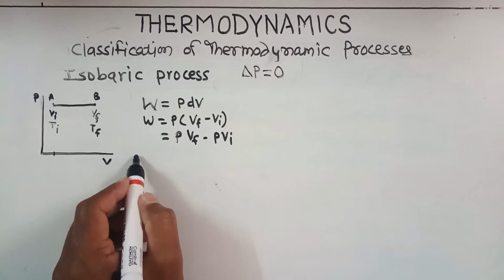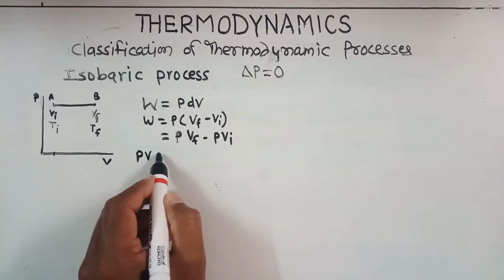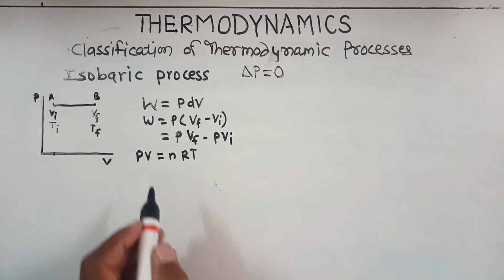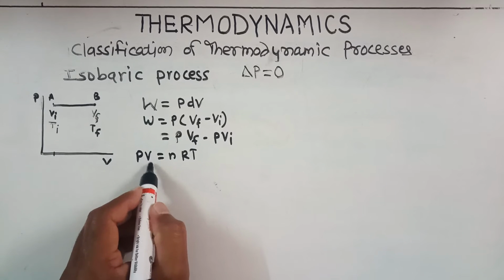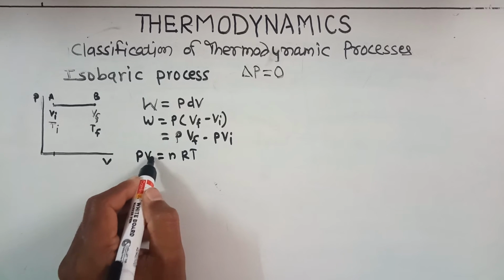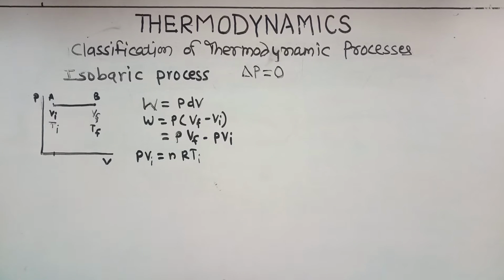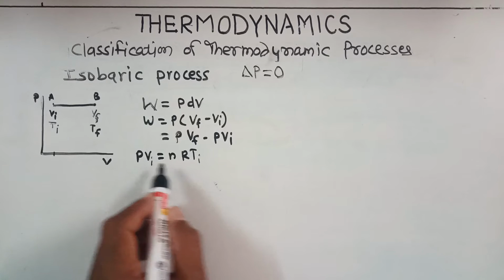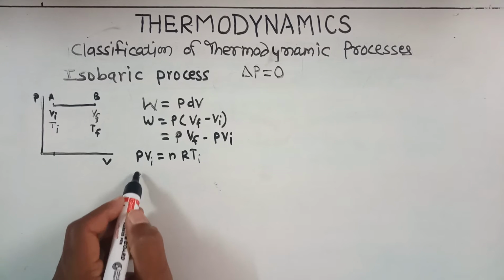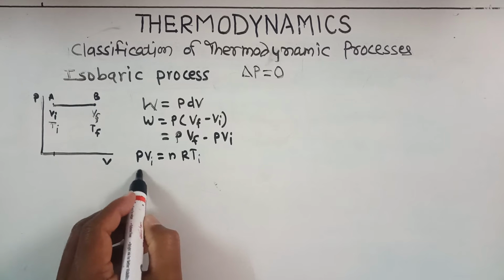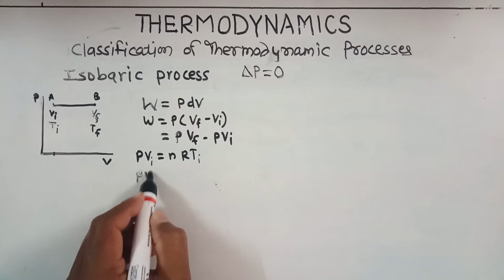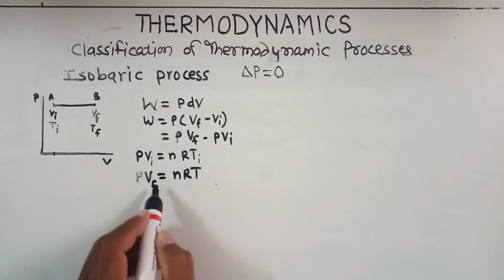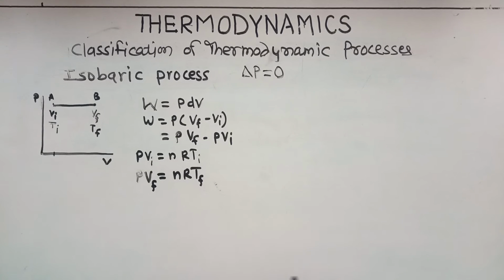Now we know the ideal gas equation, that PV is equal to nRT. Here for the isobaric process, the pressure is constant. The volume changes and the temperature changes. Suppose the initial volume is Vi and initial temperature is Ti. Applying the same ideal gas equation, PV is equal to nRT, suppose the final volume is Vf and the final temperature is Tf.